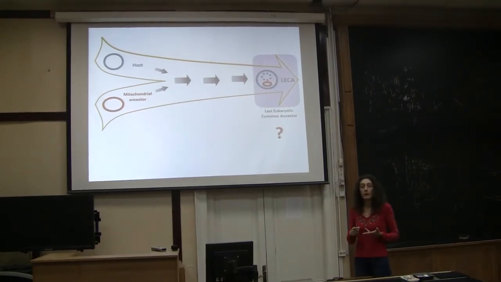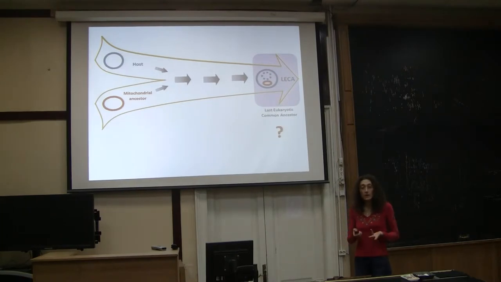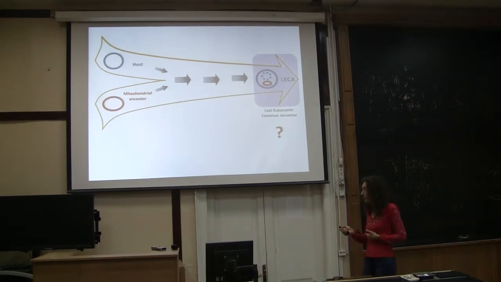Now people are starting to sequence eukaryotic genomes of protist groups that are free living and that could represent better the diversity of eukaryotes, so that you can compare the genes in all these genomes and make predictions about which genes were common and therefore potentially present in the last common eukaryotic ancestor.